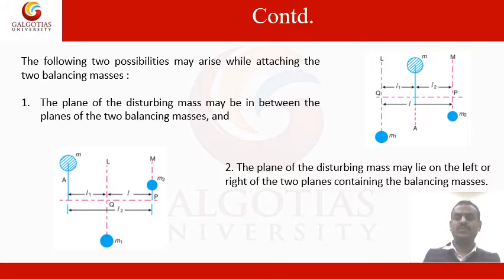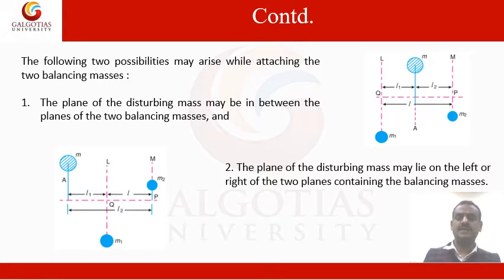The balancing of a single rotating mass by providing two masses in different planes. In these cases, two possibilities may arise while attaching the two balancing masses. Case 1: the plane of the disturbing mass may be in between the planes of the two balancing masses.